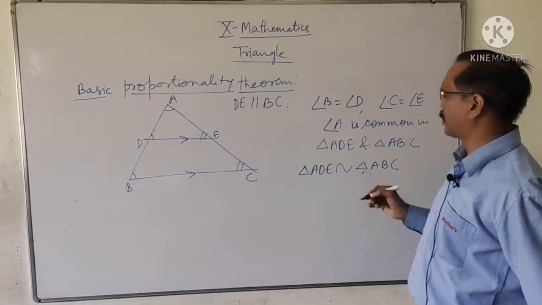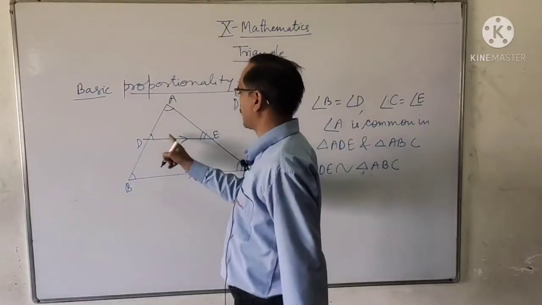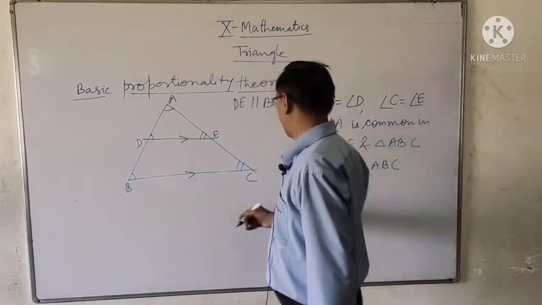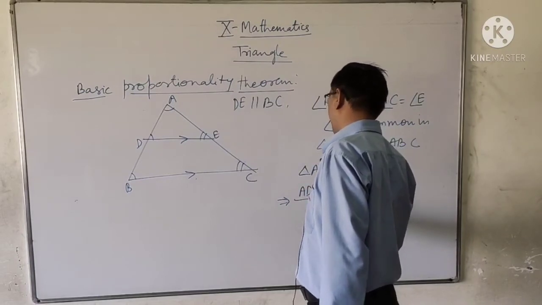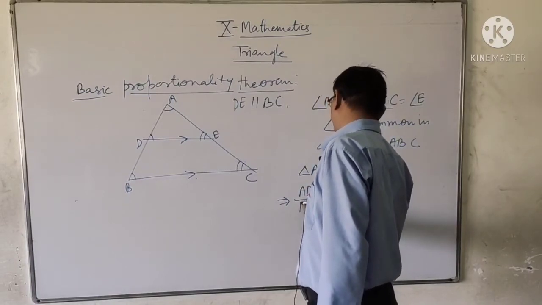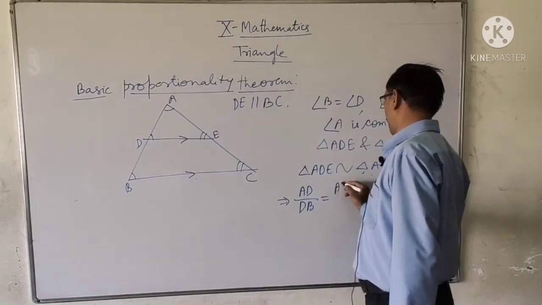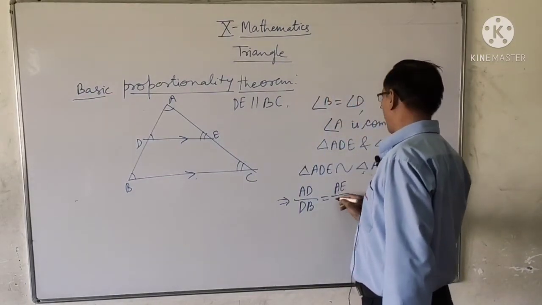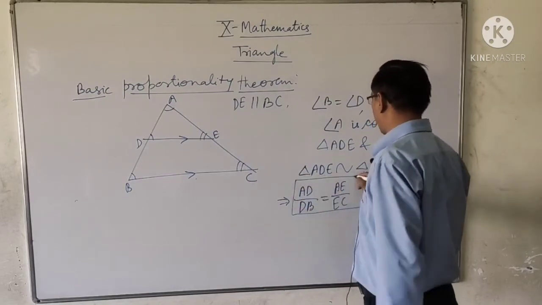Now let's come to the theorem. If DE is parallel to BC, then by the theorem the ratio of AD to DB equals AE upon EC. This is a very important logic.